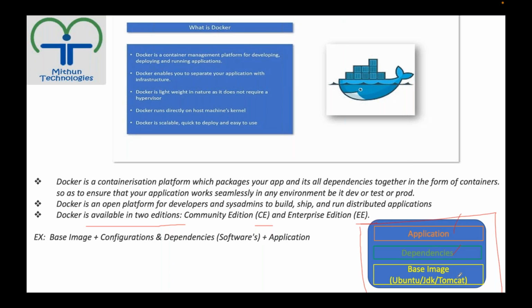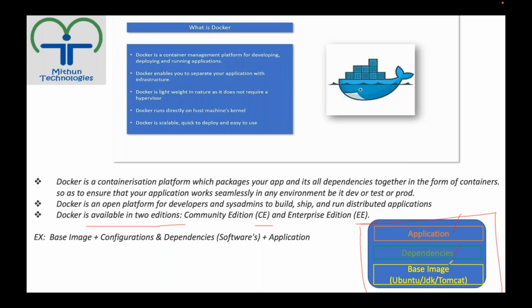If this package has Java software, Tomcat software and my application code, wherever I deploy this Docker package, in that container do I have the same software and code again? Yes. But does this container contain a complete operating system?